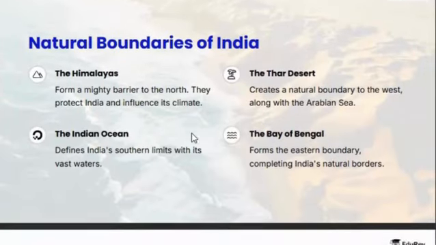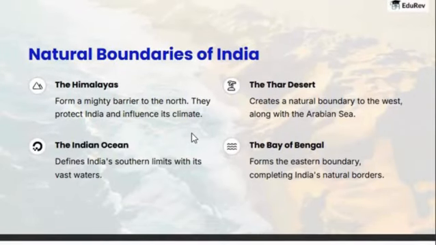Now we have the natural boundaries of India. So, first, the Himalayas. The Himalayas are the mountain range which stands as a natural barrier in the north, while the Thar desert and the Arabian Sea mark the western limits.